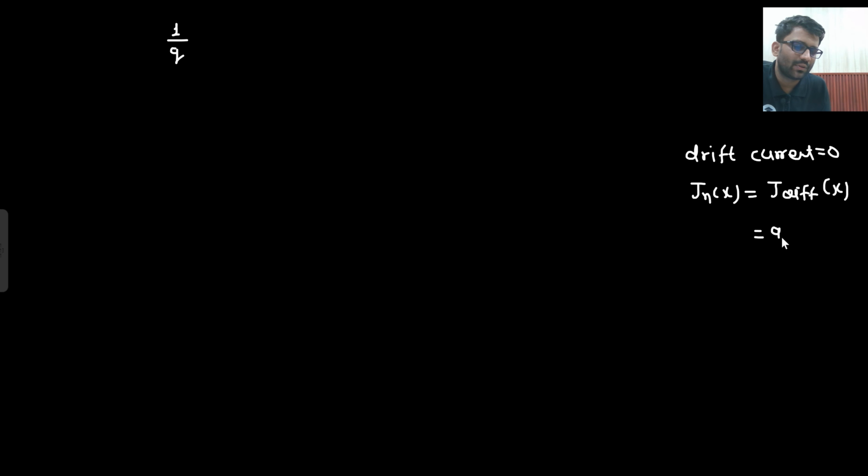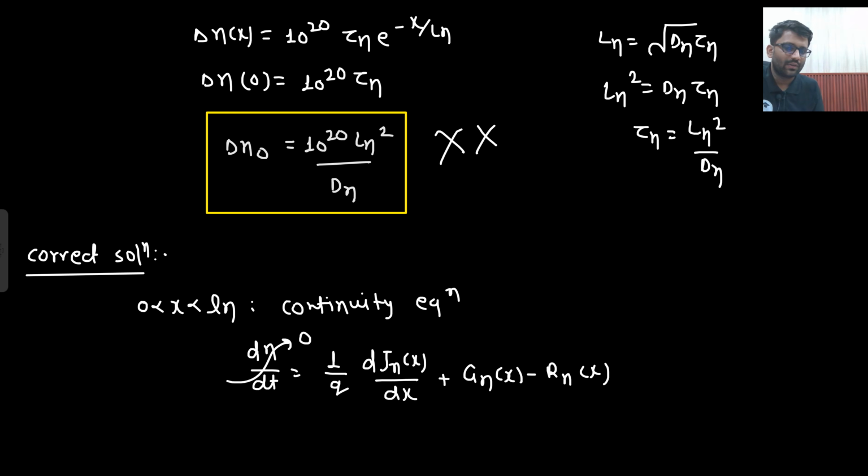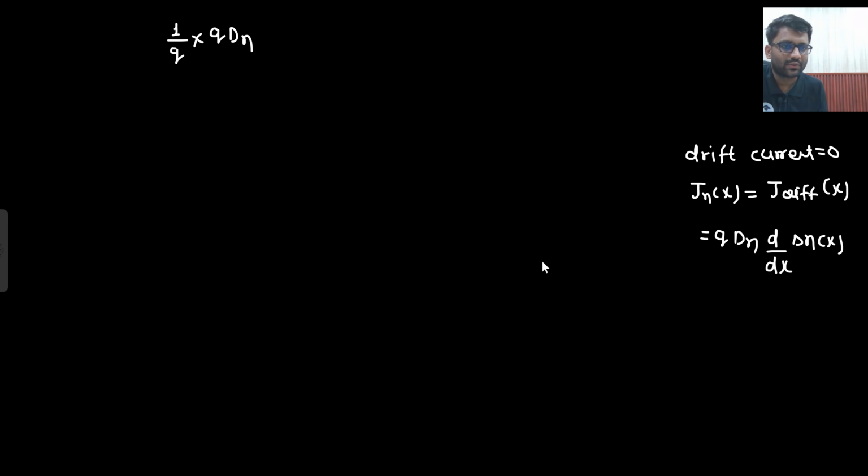And that would be equal to q into Dn into d by dx of the excess carrier concentration. What would that be? The excess carrier concentration would be delta Nx. So 1 by q into Dn. I am putting this value because q into Dn is constant, so that is coming outside.